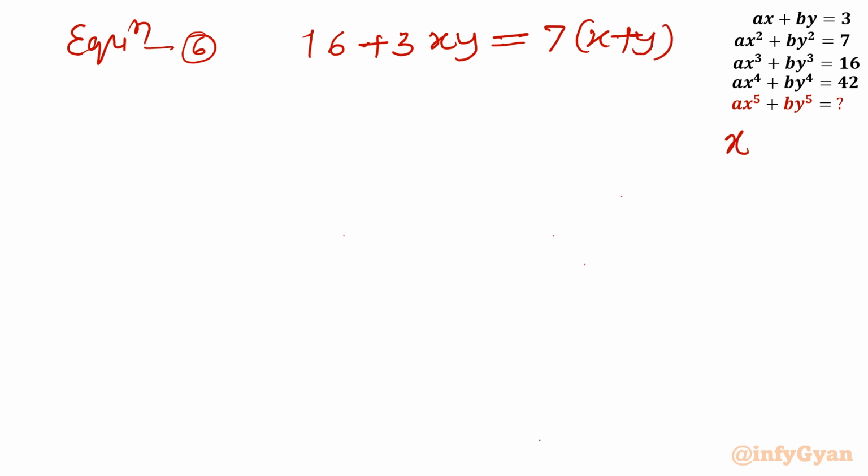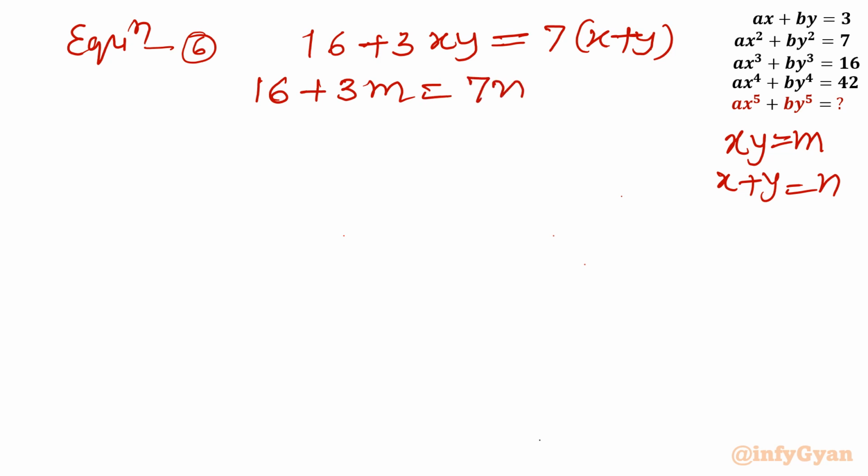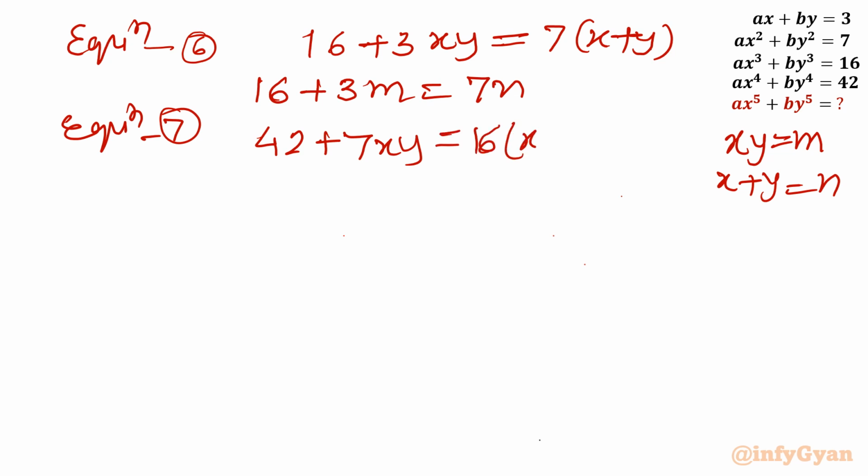So let us consider xy as m, as I said earlier, x plus y equal to n. So I can frame the equation as 16 plus 3m equal to 7n. Now equation number 7, which was 42 plus 7xy equal to 16 times x plus y. Let's apply our substitution: 42 plus 7m equal to 16n.